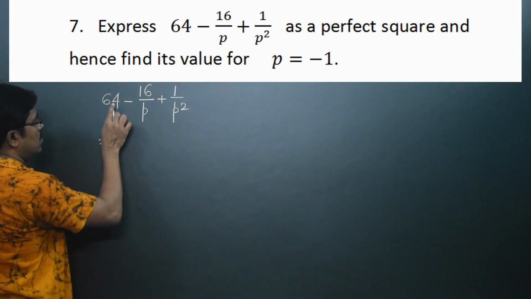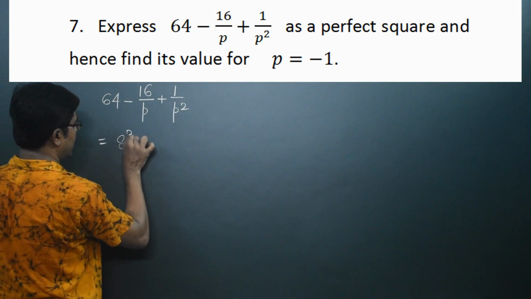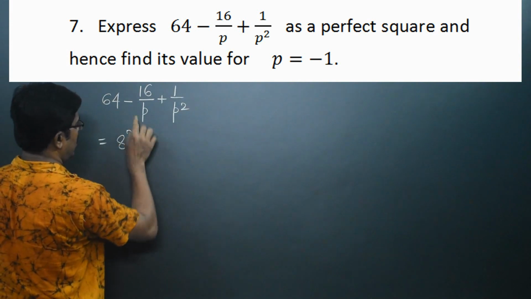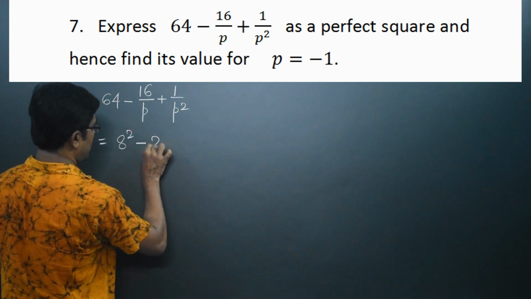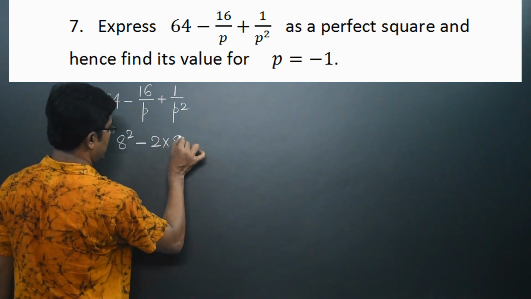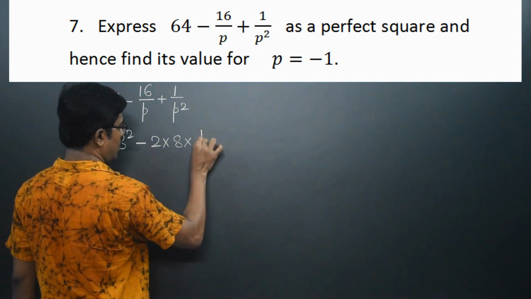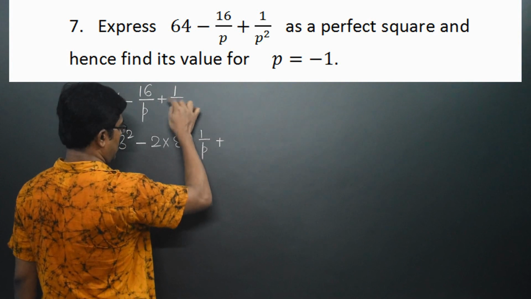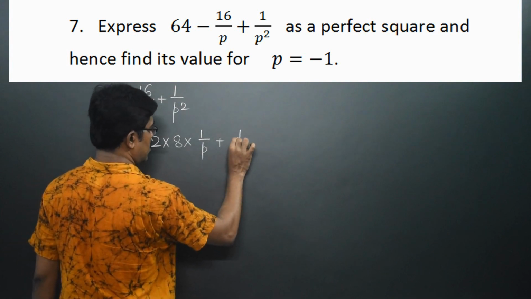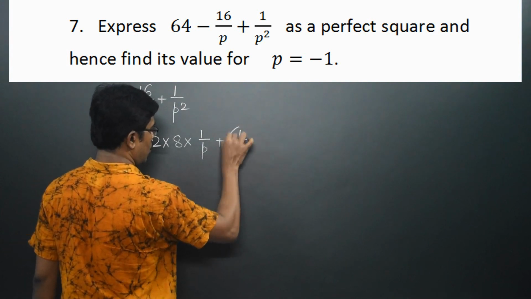So look, 64 can be written as 8 square, 16 by p can be written as 2 into 8 into 1 by p, and 1 by p square can be written as 1 by p whole square.